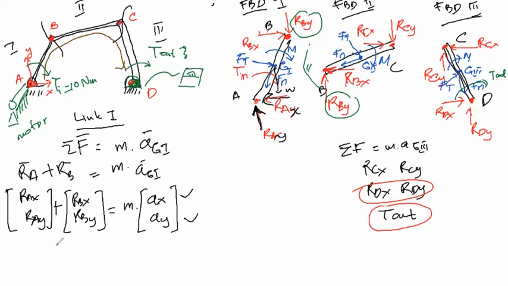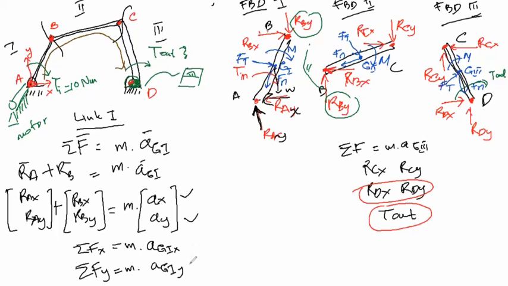You can also type it as scalar, it's okay. So sigma F in the x direction equals m times a G1 x, so that I understand this is in the x direction. And then sigma F y equals m times a G1 y. Okay, we have two equations already for link 1.